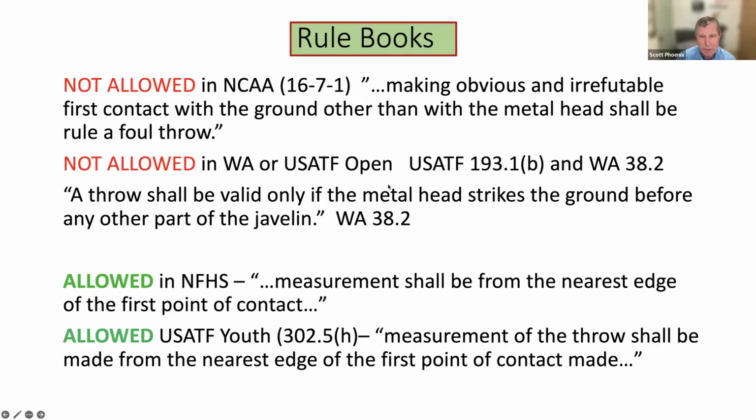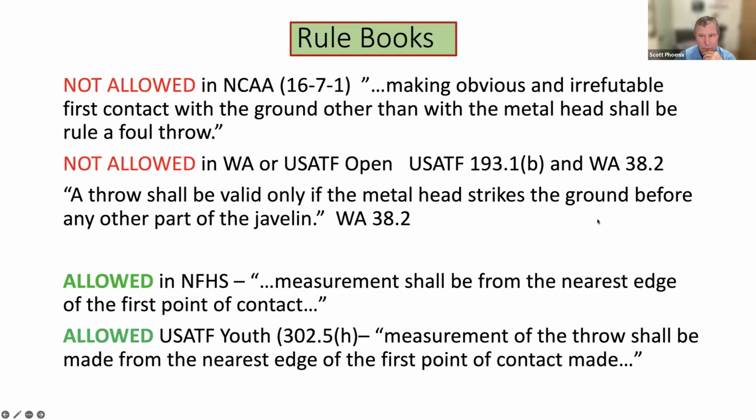Here in USATF, we see metal head is used. The youth rule for USATF is the same as the high school rule, which, as those who have worked this event know, allows for the javelin to make contact with the ground in any manner.